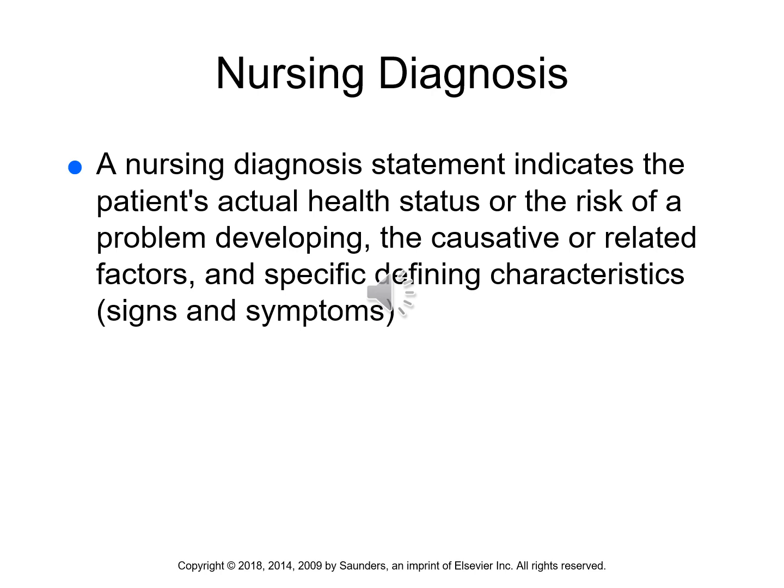And then you're going to have "as evidenced by." These are the defining characteristics, or the signs and symptoms that you see in the person. So, anxiety related to situational crises and stress, which is your cause, as evidenced by what signs and symptoms you're seeing: restlessness.